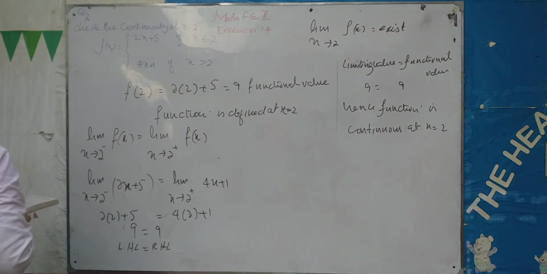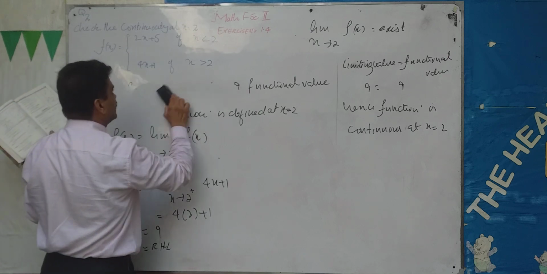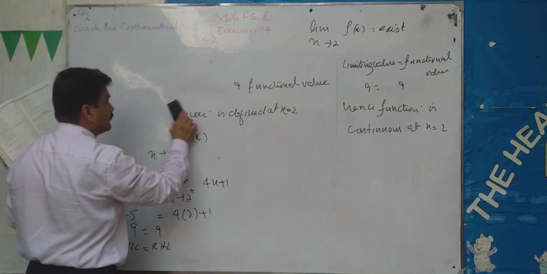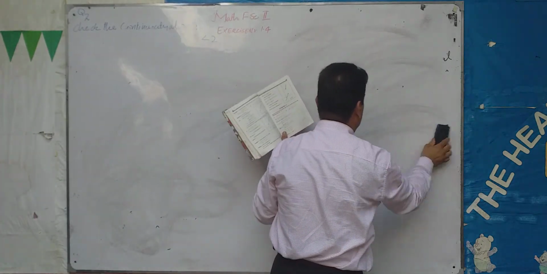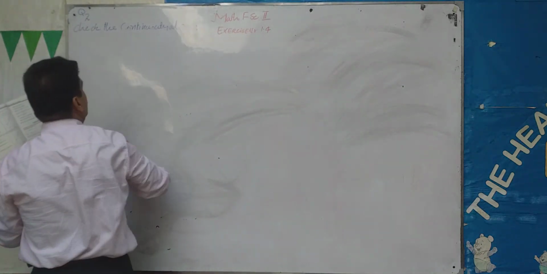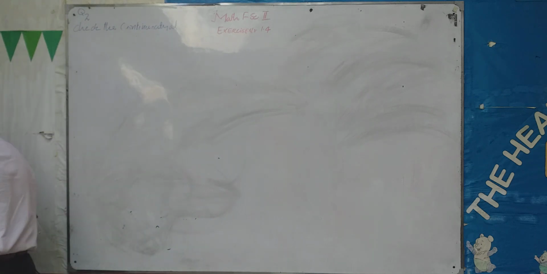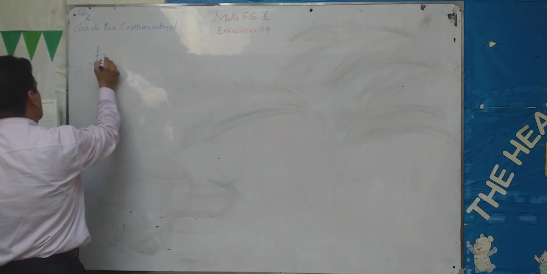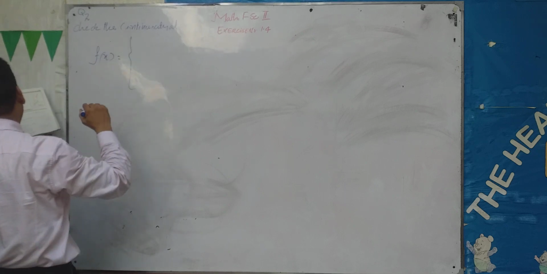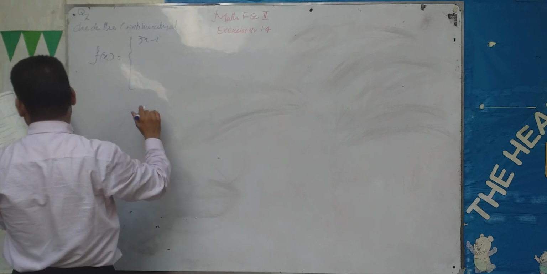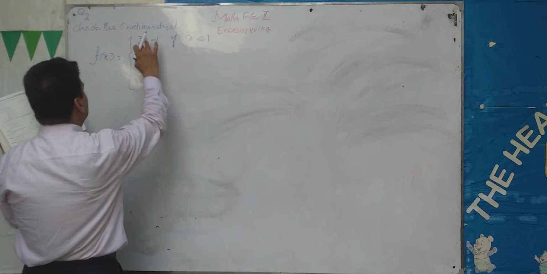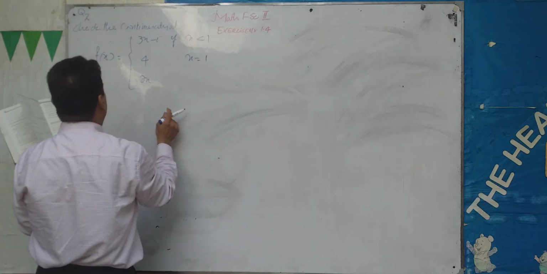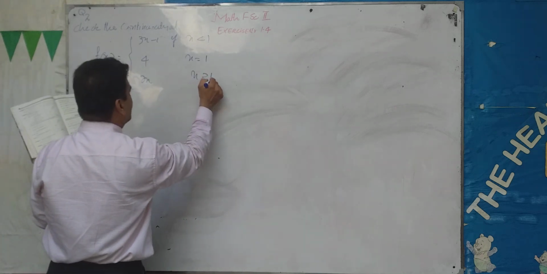In the second part of this question, the function is f of x equal to 3x minus 1 if x is less than 1, the function value will be 4 if x is exactly equal to 1, and when x is greater than 1, the function is 2x.